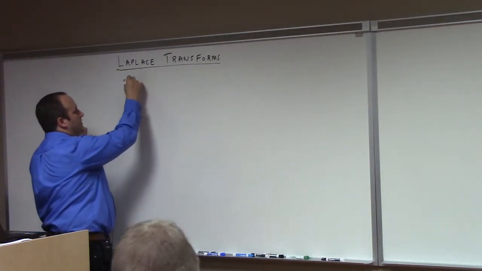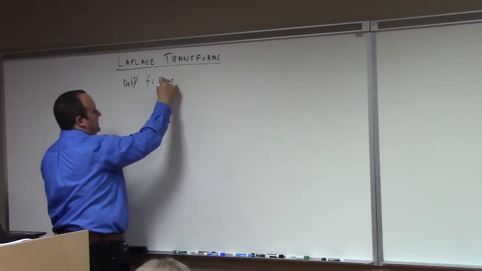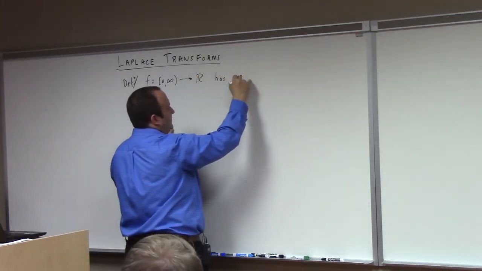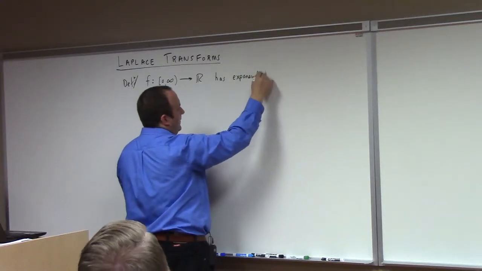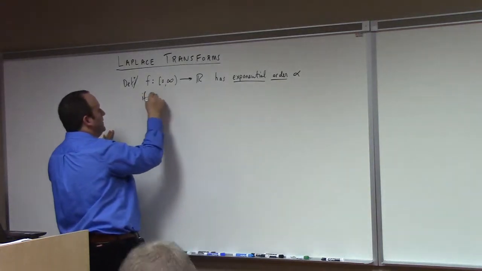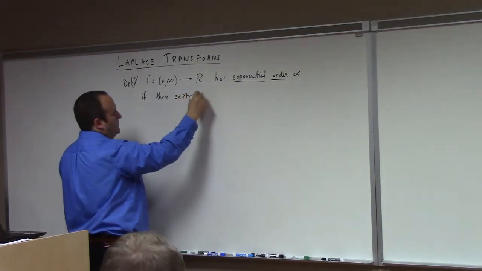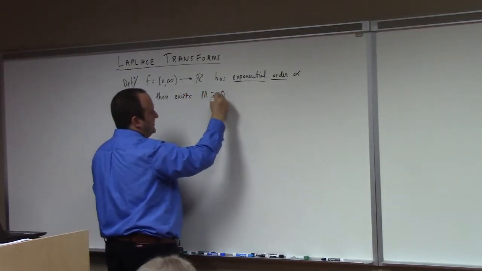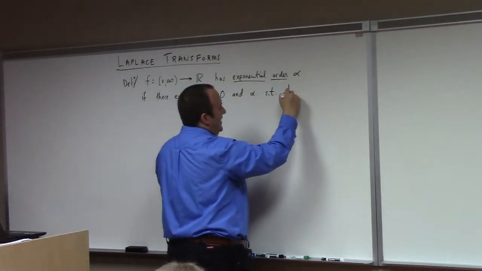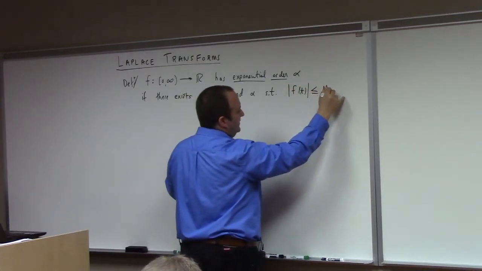So definition: a function f from, let's say, 0 to infinity to the reals has exponential order alpha if there exist some M greater than or equal to 0, and alpha such that the magnitude of f(t) is less than or equal to M e^(alpha t).